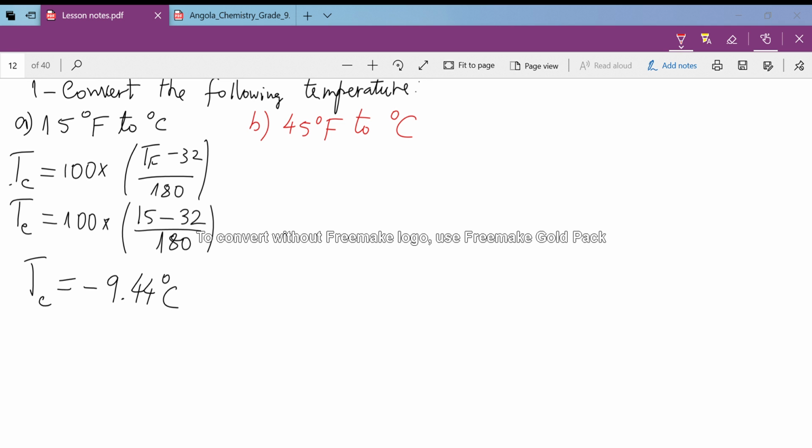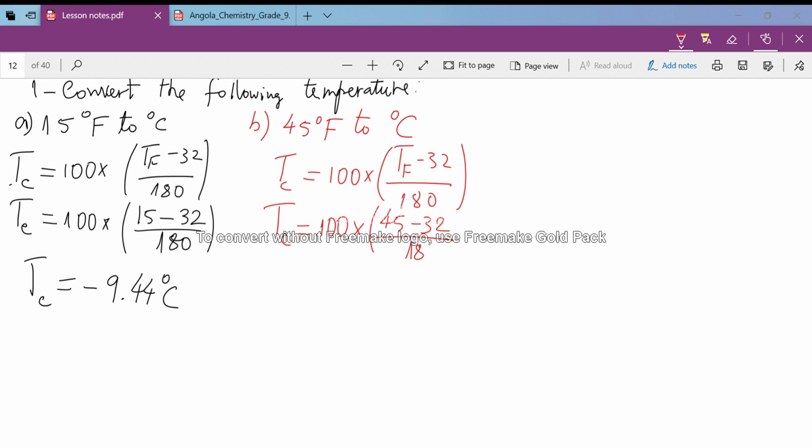Right, so hopefully you've paused the video, you've done a great job. Okay, now let's try together. So we have 45. The equation is the same. Tc equal to 100 times Tf minus 32 divided by 180. So Tc will be 100 times Tf is 45 minus 32 from the formula divided by 180.